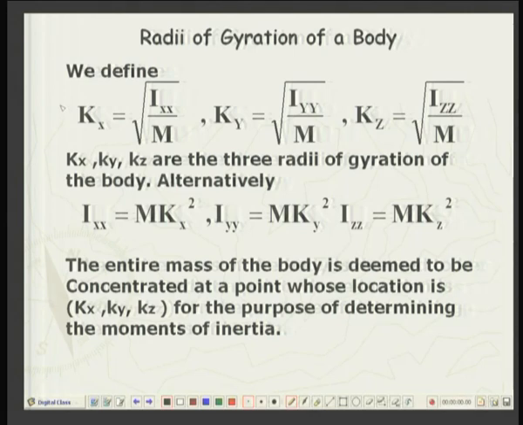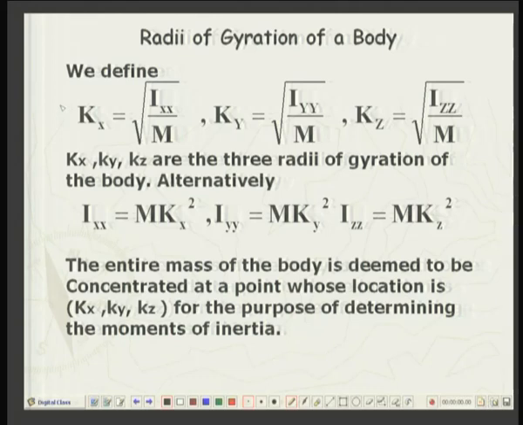We will define kx, that is x radius of gyration, as the square root of Ixx divided by the total mass of the body, m. Similarly, ky is the square root of Iyy over m, etc., etc. Or alternately, Ixx is equal to the mass of the body times kx square, Iyy is equal to mass times ky square, and Izz is mass times kz square.